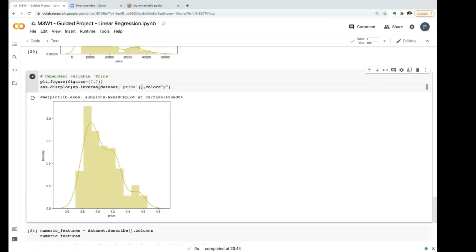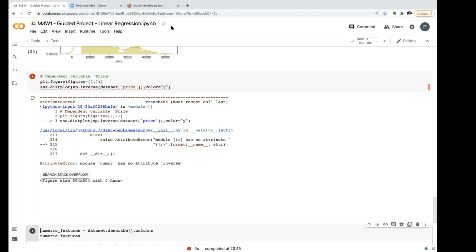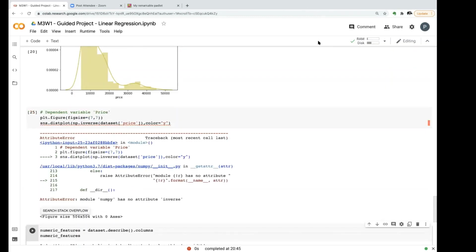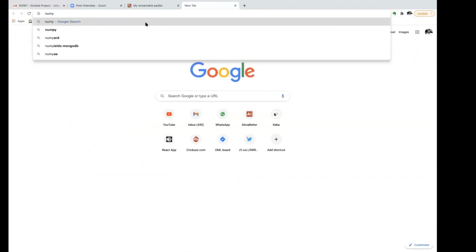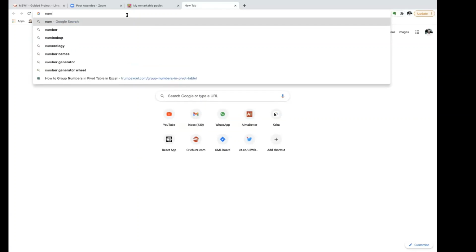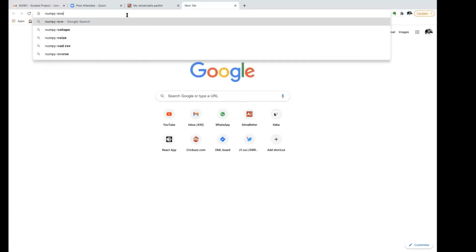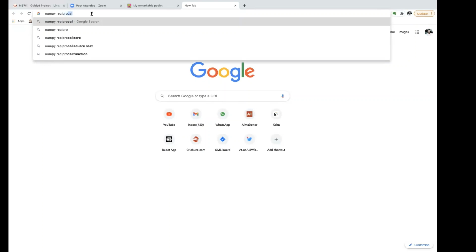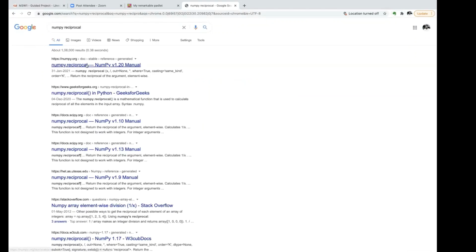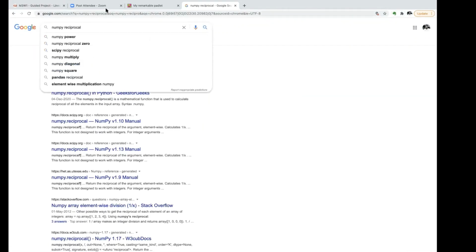There's a function called inverse. We can get the reciprocal.